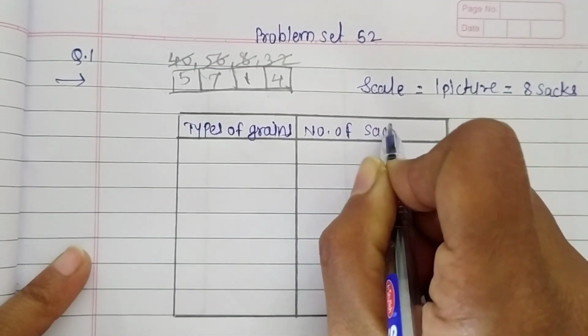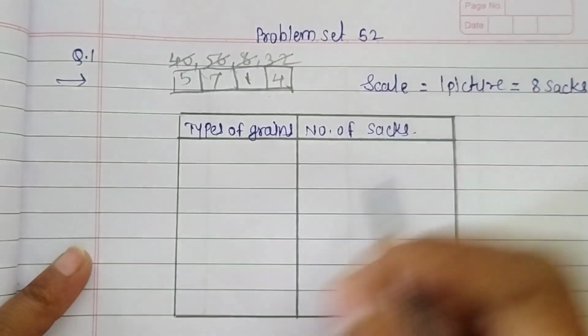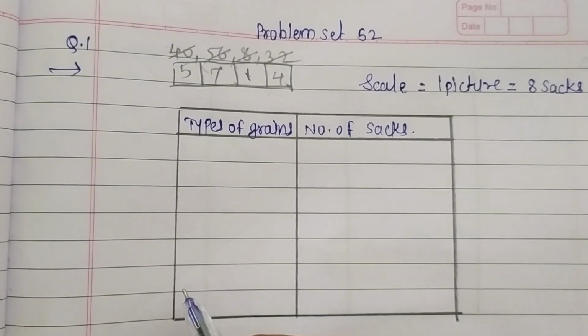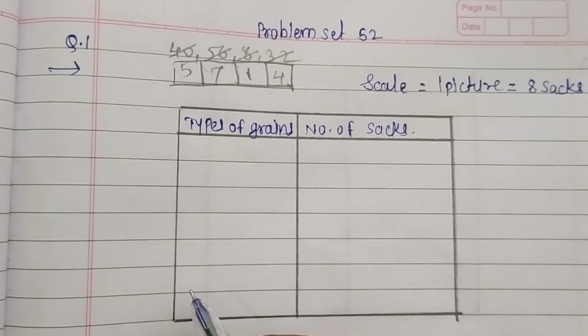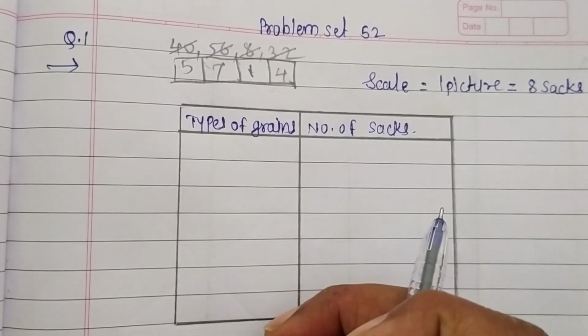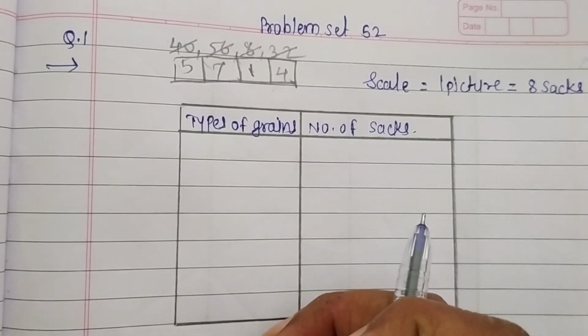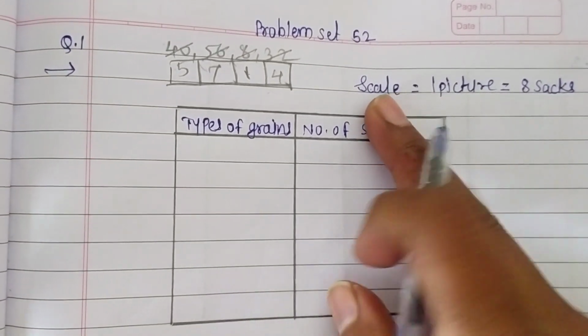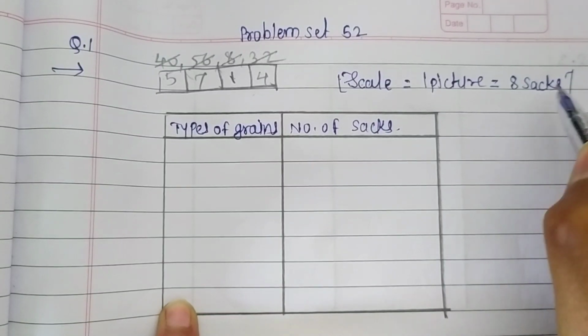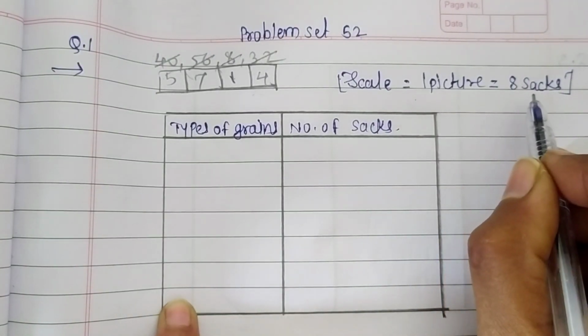We are making this type of columns for the pictograph. Below the pictograph we write the scale used. Scale is 1 picture is equal to 8 sacks.